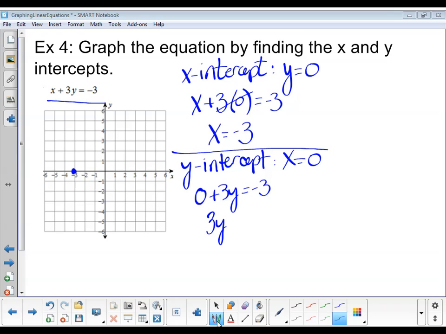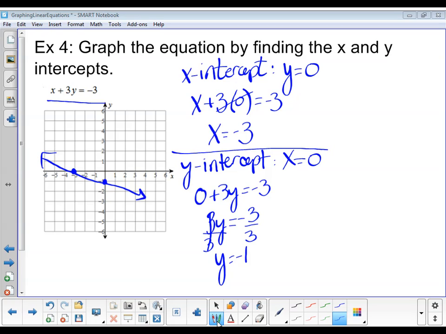It's almost like the 0 just drops out of the equation. So I have 3y equals -3. I would divide both sides by 3, and we get y equals -1. So this is our y-intercept. It's on the y-axis, so I'm going to go down to -1 and put a dot. And then all you have to do is connect your two dots to make your line.